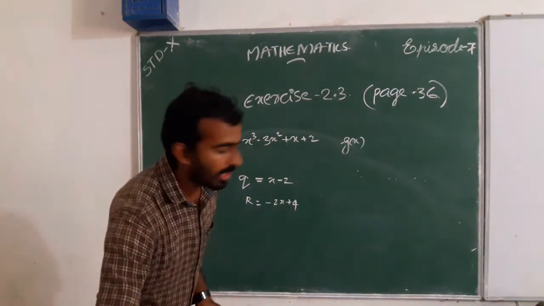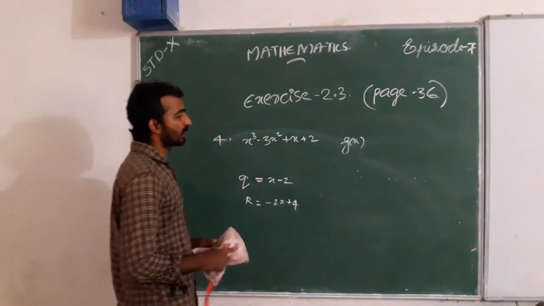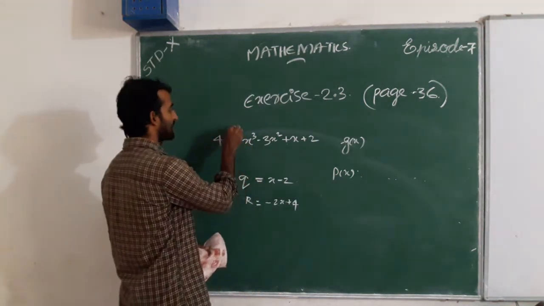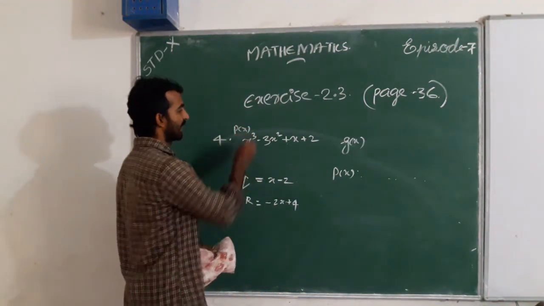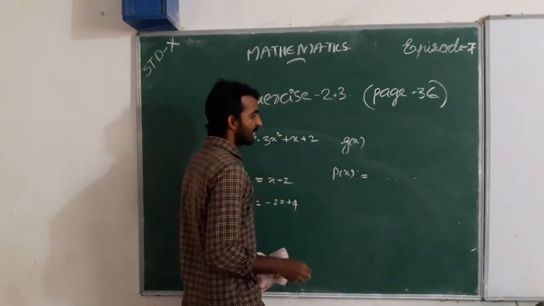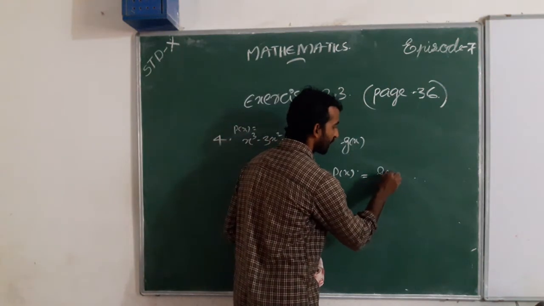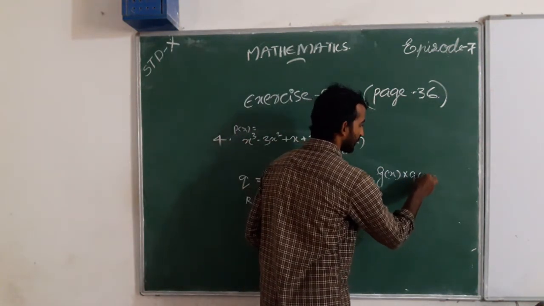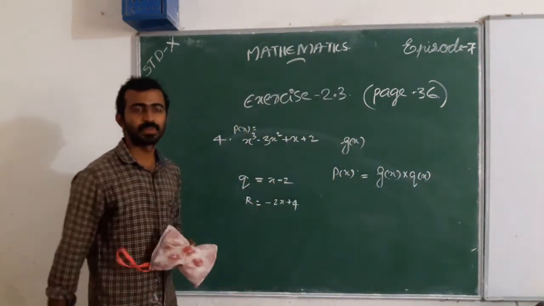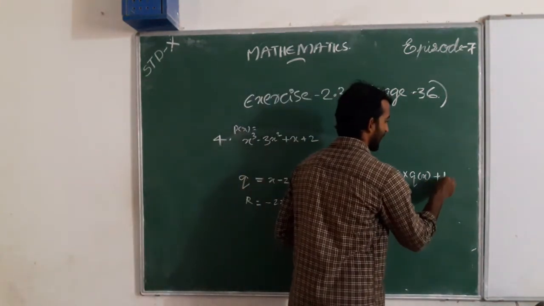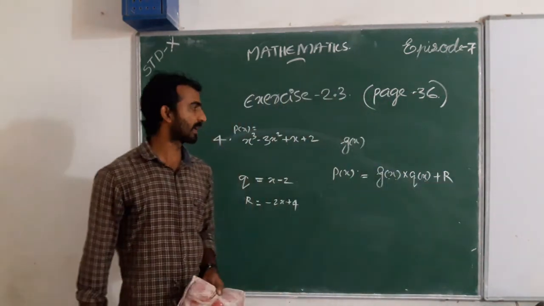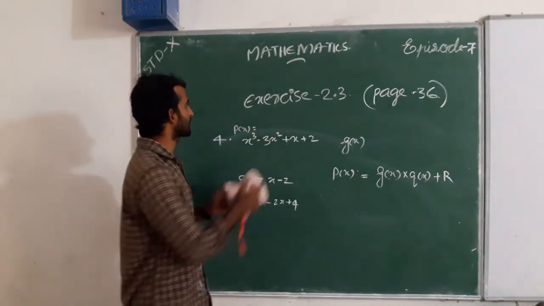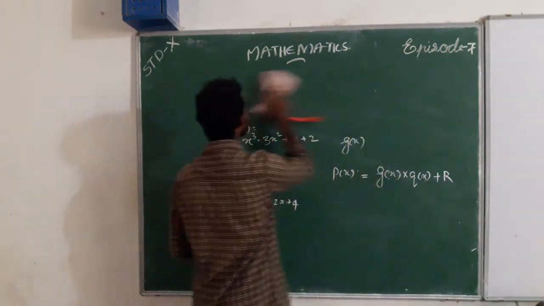We know the division algorithm. What is the division algorithm? P of x equal to g of x into q of x, that is quotient, plus remainder. Here what do we know? We know P of x.